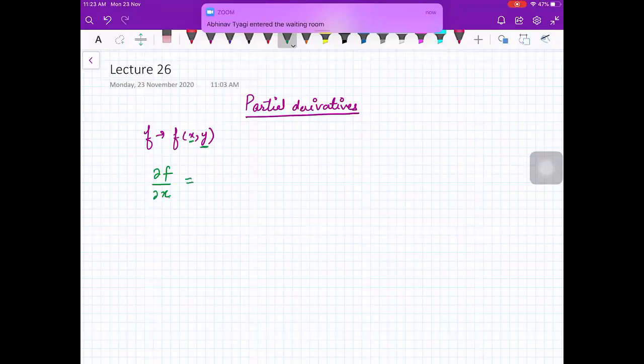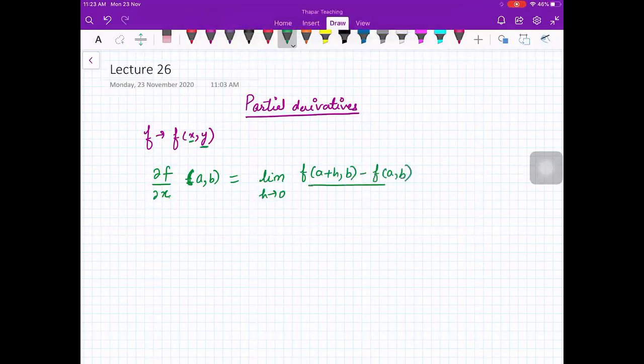This is at any point, say (a, b), because we know that the derivative is defined at a point. It is equal to the limit h going to 0 of f(a + h, b) minus f(a, b) upon h.